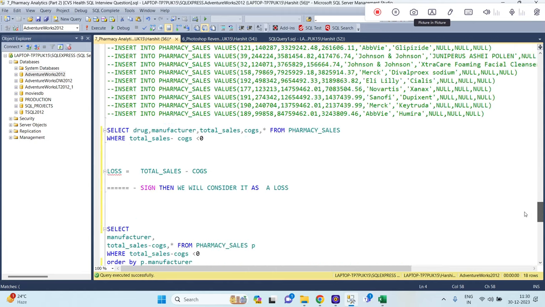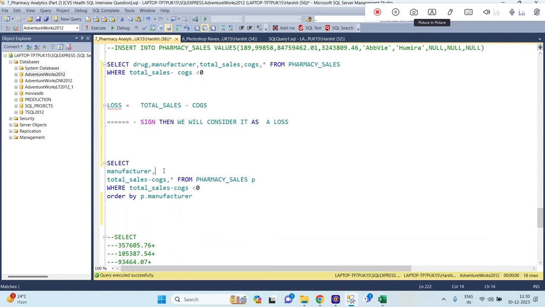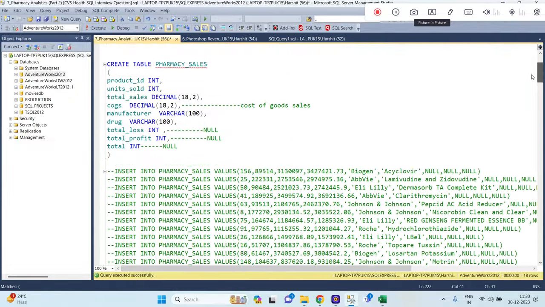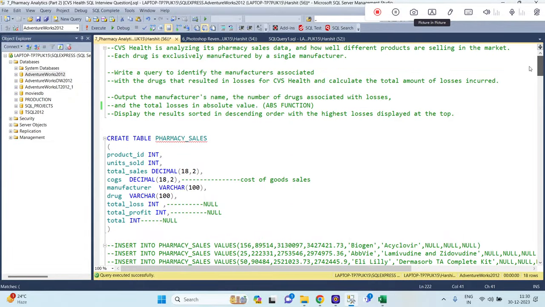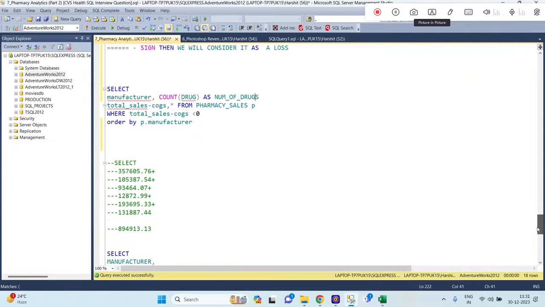So, manufacturer name, then count of drugs, and then output the manufacturer name, the number of drugs associated with the losses, and the total losses in absolute value.